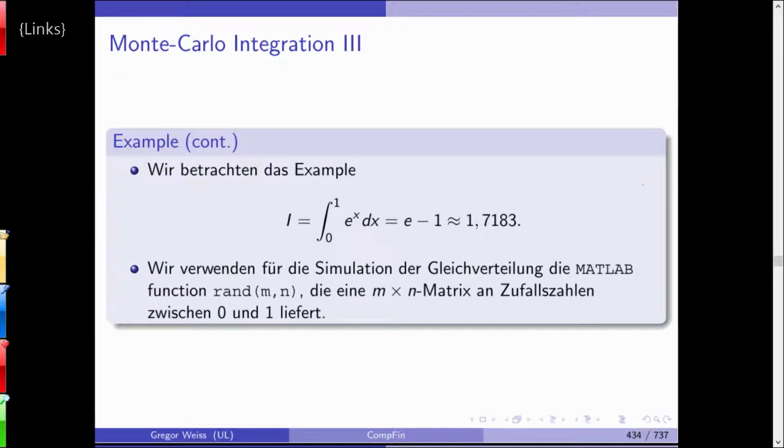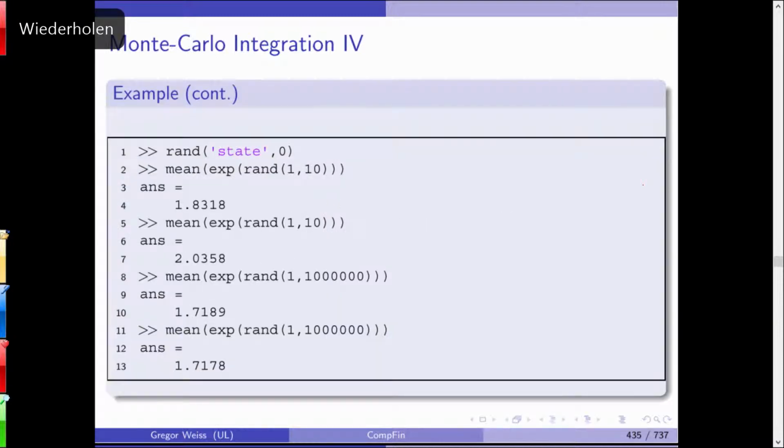But here you can see it's not the exact solution, because obviously the exponential function is not known analytically. Well, it's known analytically, but not in this case here. But we are looking for a solution that is close to 1.71. And here you can see that if we take 10 random numbers, the first result will be 1.83.